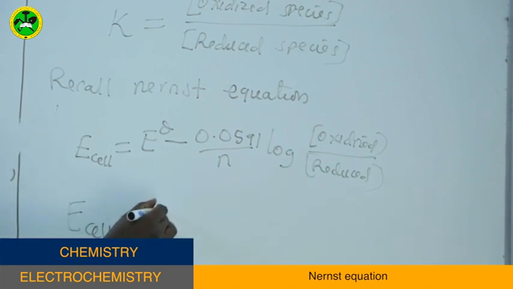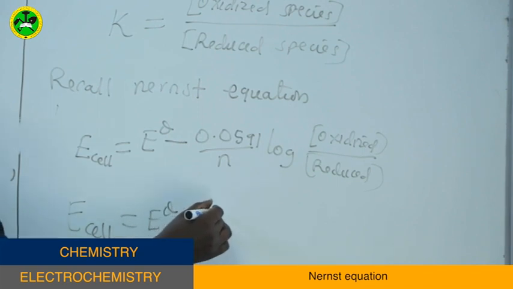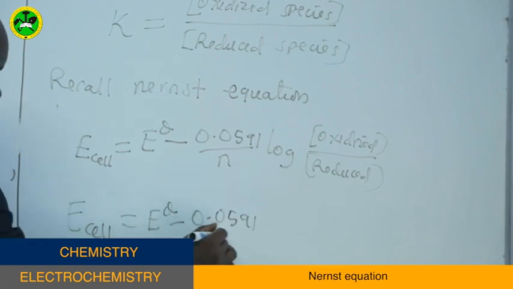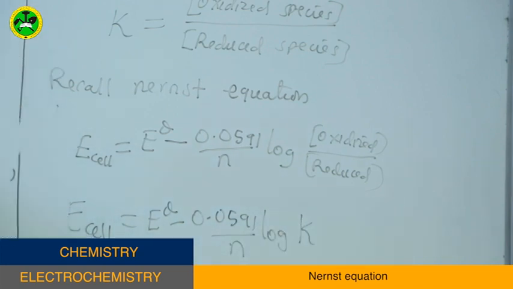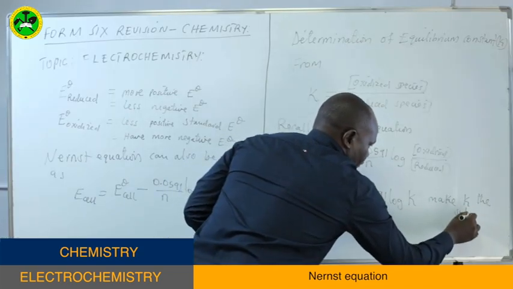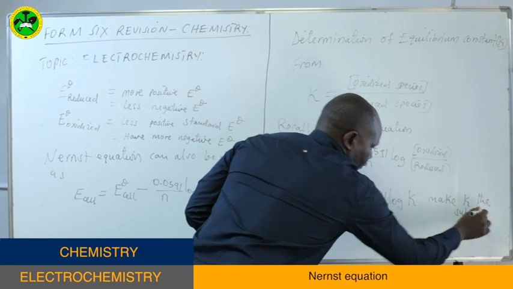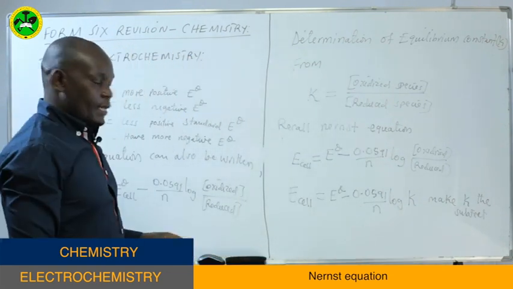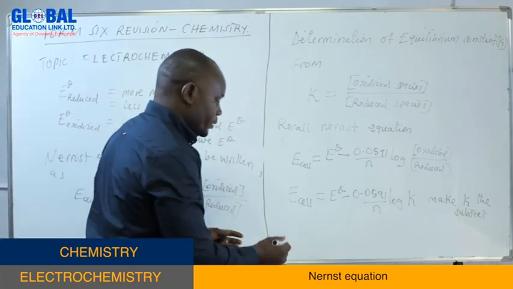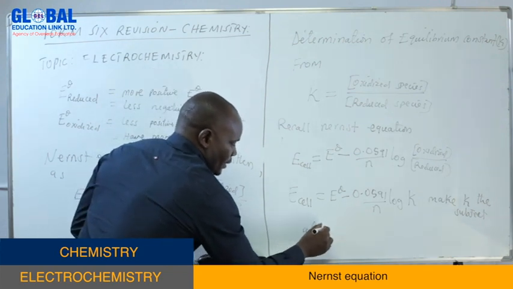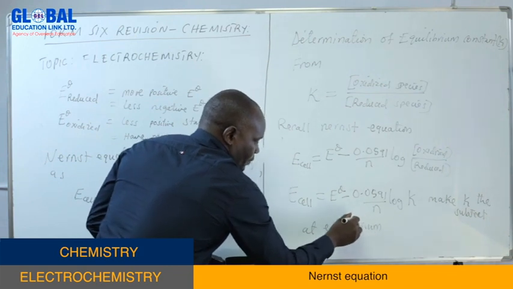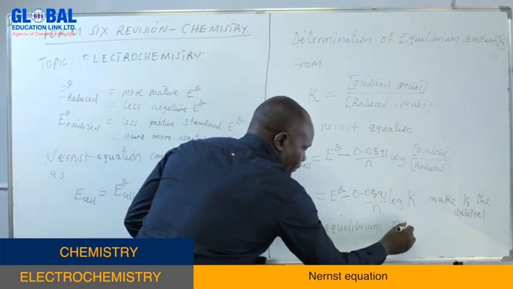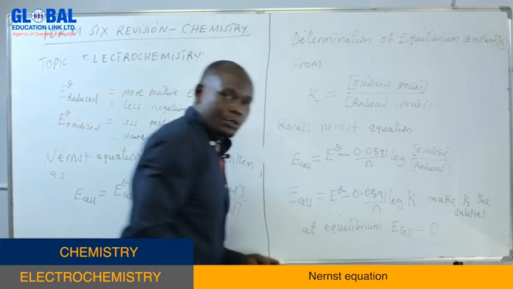So let us make the equilibrium constant the subject, because that is the one which we are now looking for. Now make K the subject. You remember, my dear students, that at equilibrium the E of a cell is equal to 0.